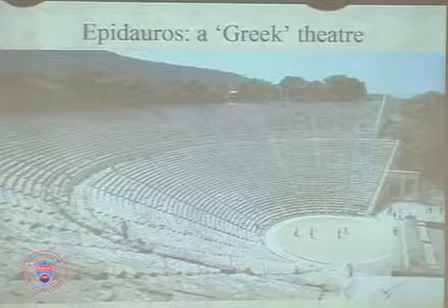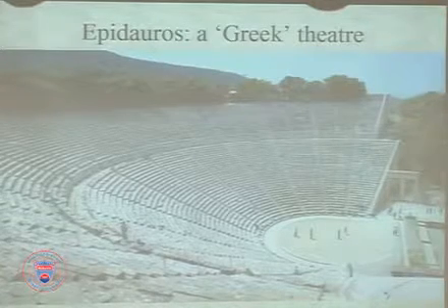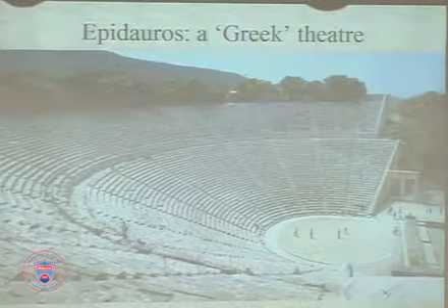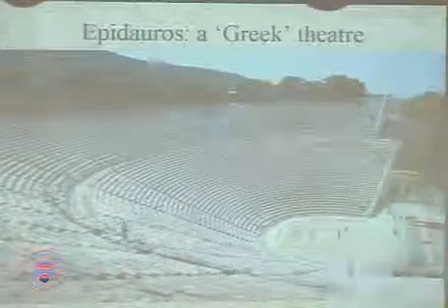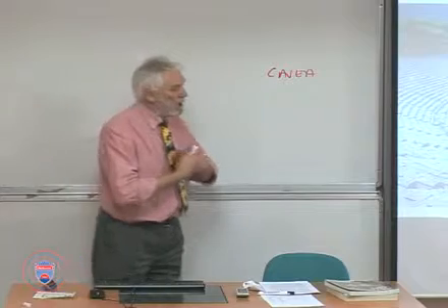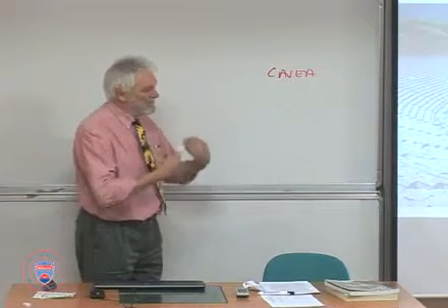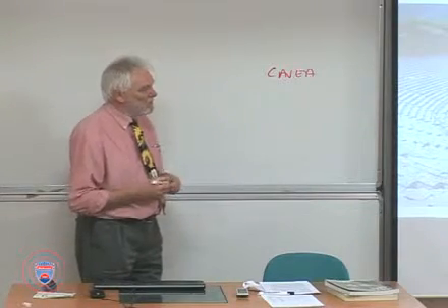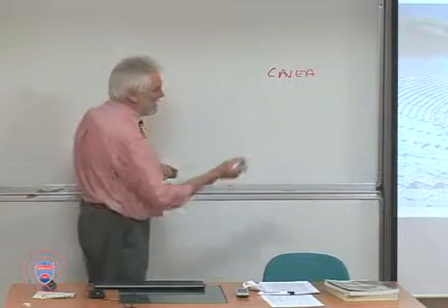not be aware of this, the difference between a Greek and a Roman theatre. The word theatre, theatron, means to actually sort of, in a sense, experience something more than anything else.